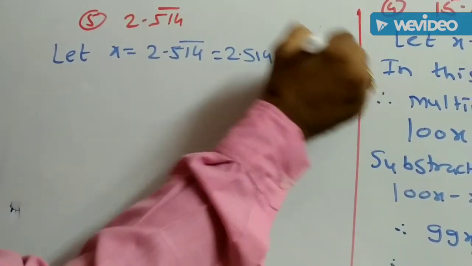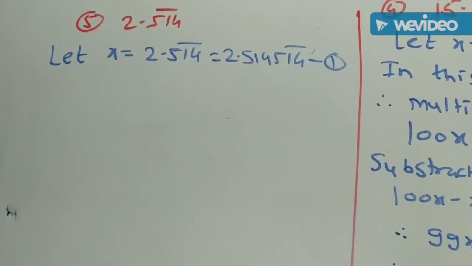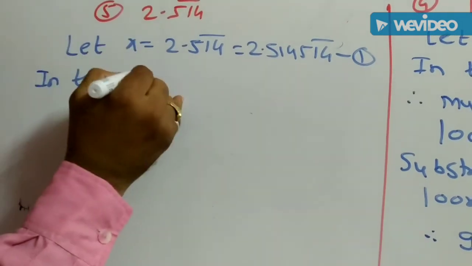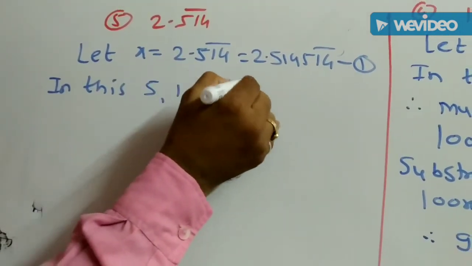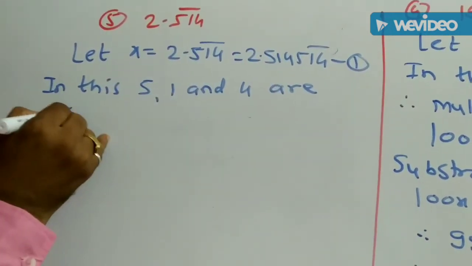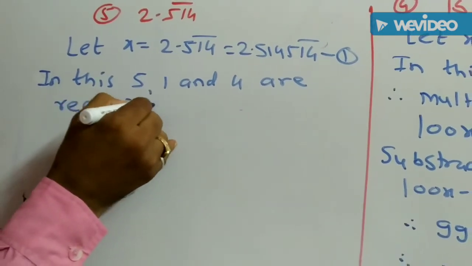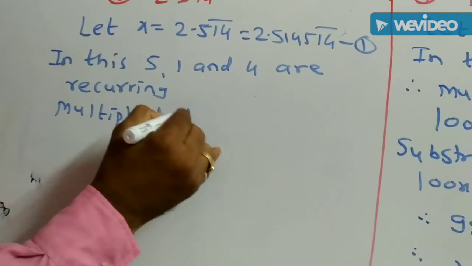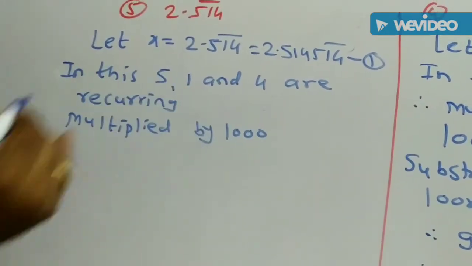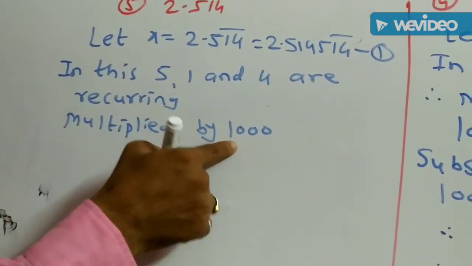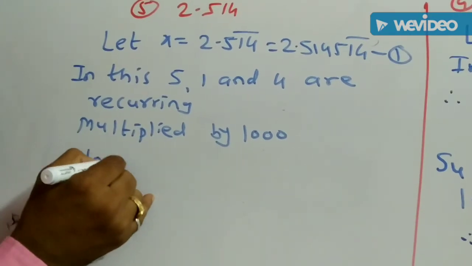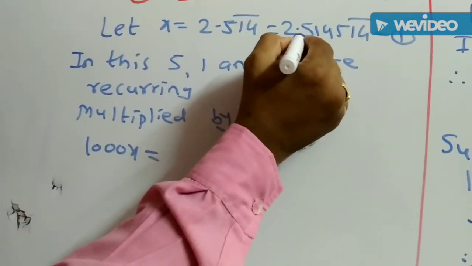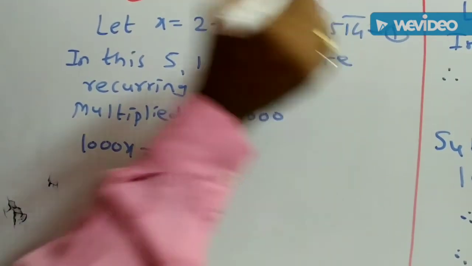Now in this example, three digits are recurring. 5, 1 and 4 are recurring, and therefore three digits are recurring. If three digits are recurring, then multiplied by 1000, 1000 into x, 1000x. Now if you multiply by 1000, again 3 decimal points are shifted to the right.